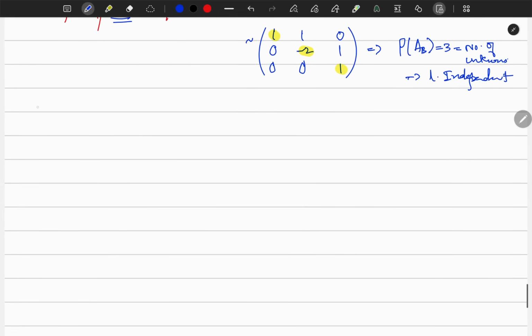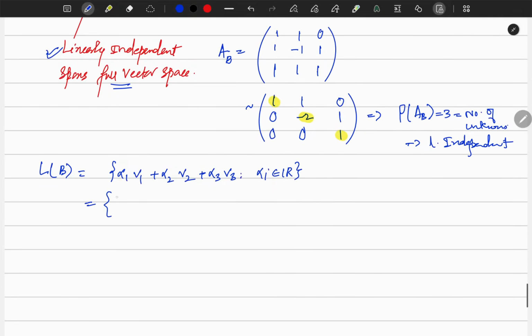Now we have to check the second condition, whether it spans the whole of the vector space or not. The linear span of this B is alpha 1 v1 plus alpha 2 v2 plus alpha 3 v3, where these alpha i's are from R. So it means you have the vectors alpha 1 (1, 1, 1) plus alpha 2 (1, -1, 1) plus alpha 3 (0, 1, 1).